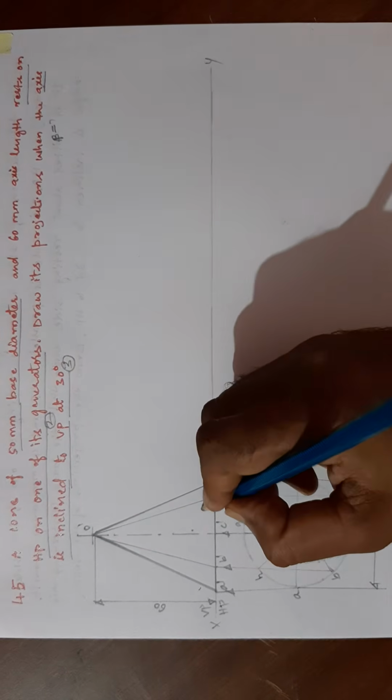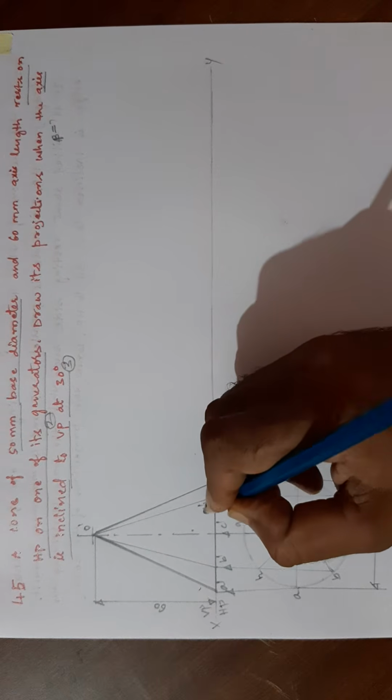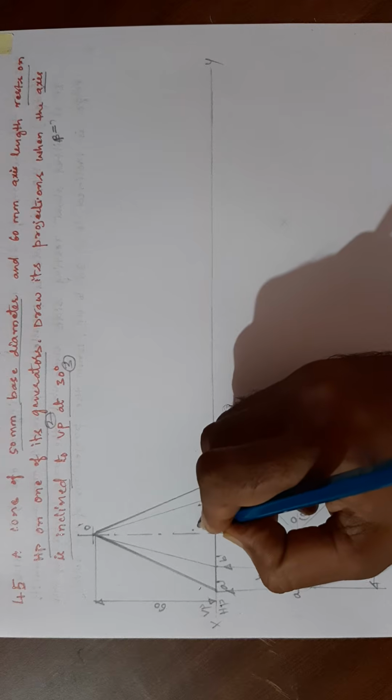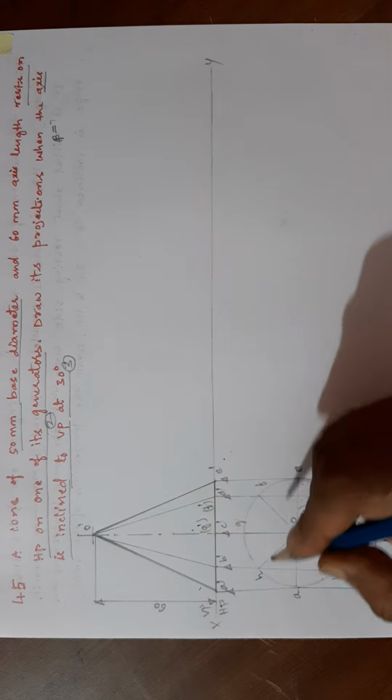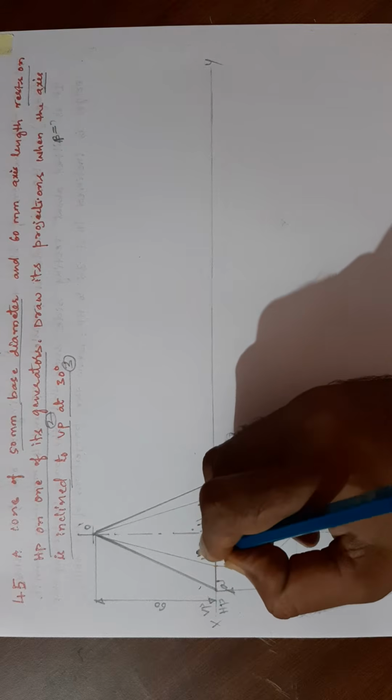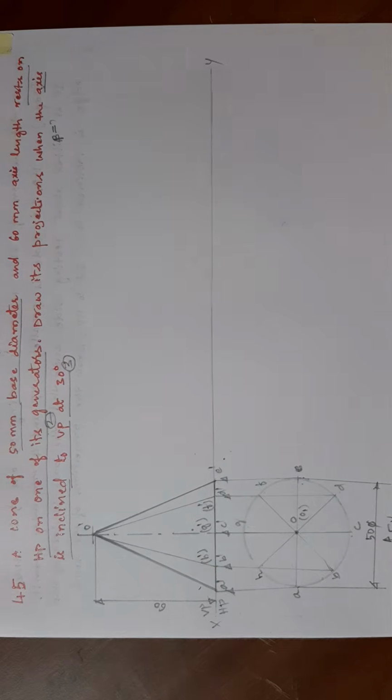F is invisible, F dash in the bracket, G is invisible, G dash in the bracket, and H is invisible, H dash in the bracket. Now this is the front view and the top view of the cone when it is resting on HP.